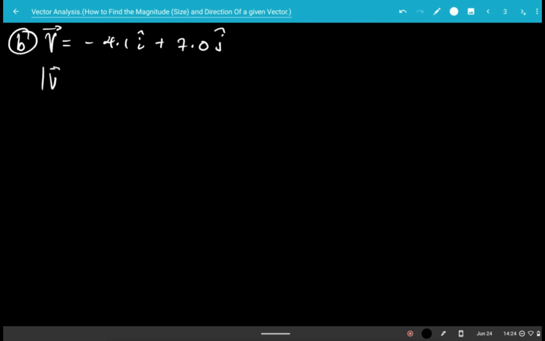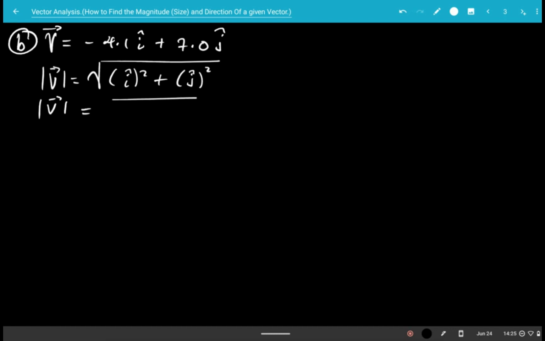So the magnitude of v is equal to the root of the i component squared plus the j component squared, which is just the same as writing it as the vx squared component plus the vy squared component. So this will now be the root of minus 4.1 squared plus 7.0 squared.